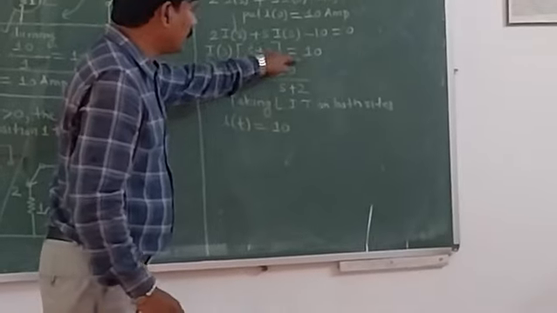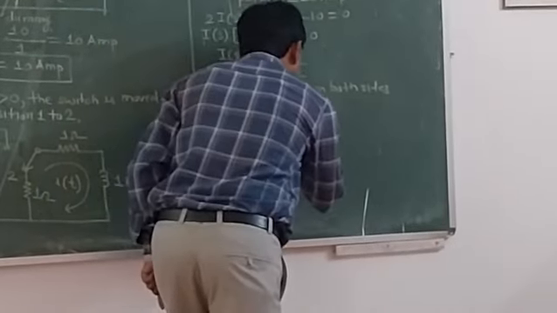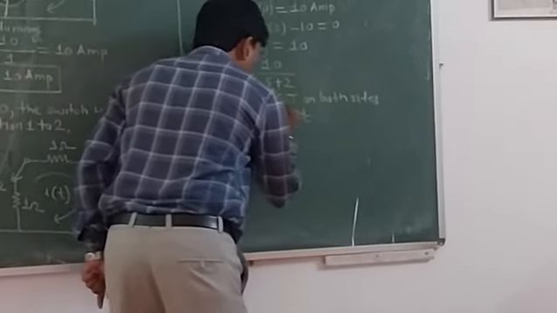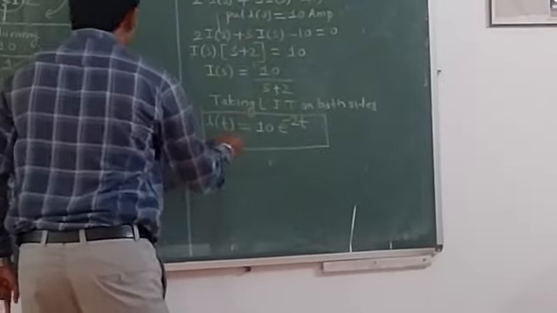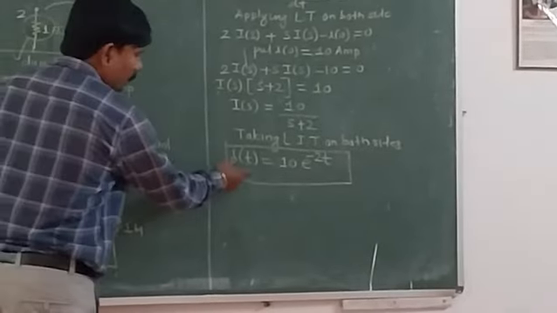Now the Laplace inverse transform of 1 upon s plus 2 is nothing but e to the power minus 2t. So this will be the total current I of t flowing across this circuit, with the 10 ampere. So this will be the final solution of I of t.